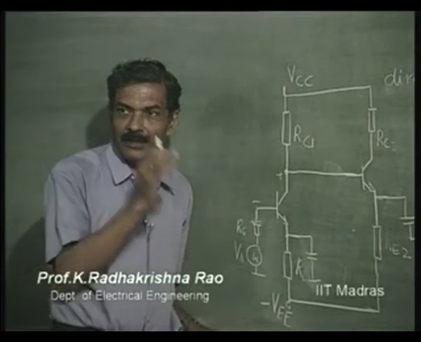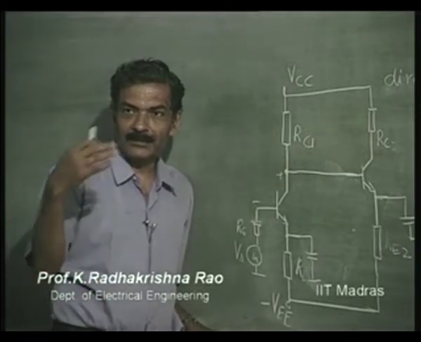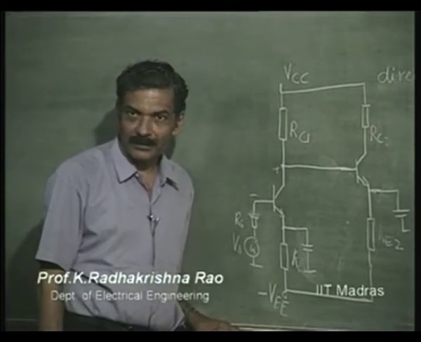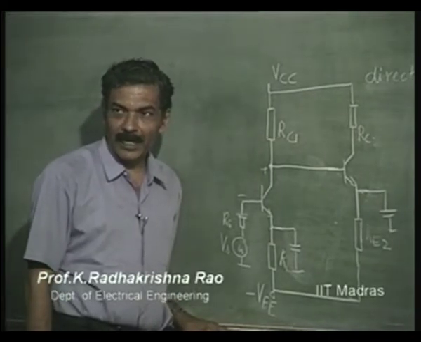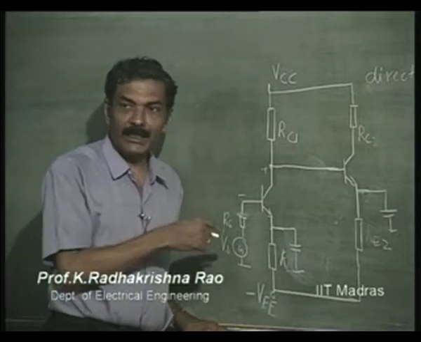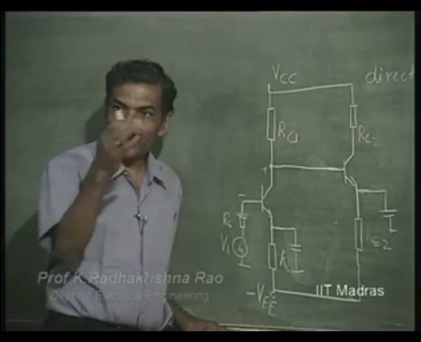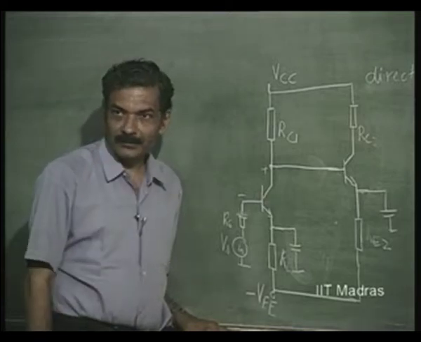First stage gives let us say gain of 10, second stage gives gain of 100, third stage gives gain of 1, something like that. So, if it is distributed like that, then obviously the first stage is handling a signal of only how much? 10 volts by 100.